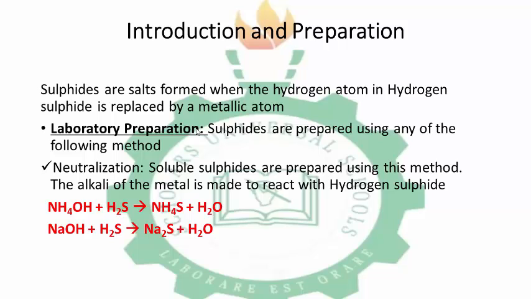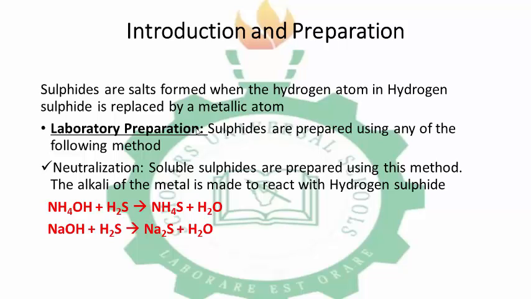If it's a soluble one, we have a method that we use for preparing it. But if it's an insoluble one, we also have another method. We have three major methods which we use to prepare sulfide. We have the neutralization method, the direct combination, and the precipitation method.